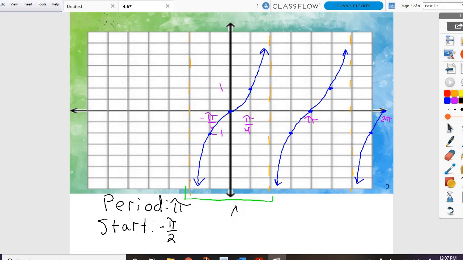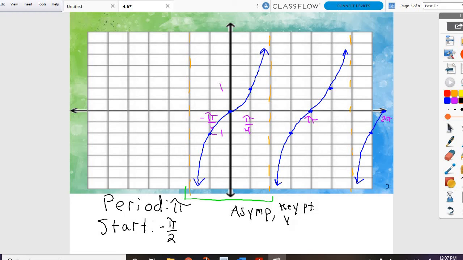So notice that we're going to start at an asymptote. And then our next value is where we're at -1. And normally we would call that our minimum for our sine and cosine. We can't quite call it a minimum here because my tangent goes on forever. But we can just call it a key point.